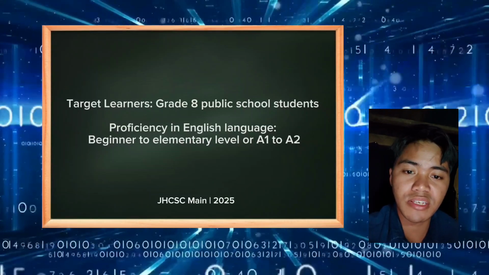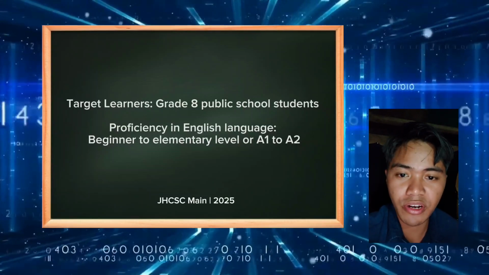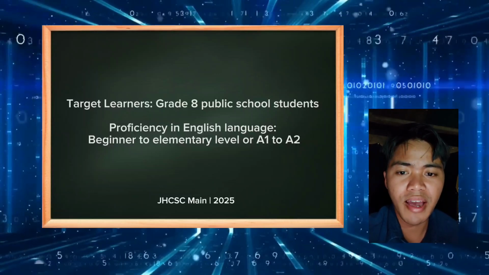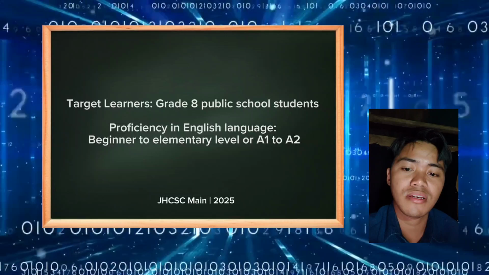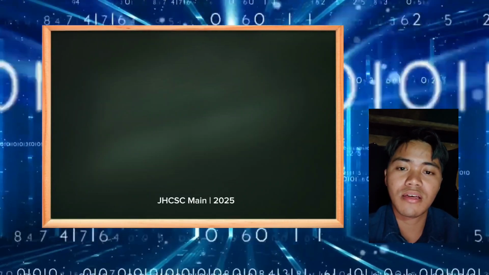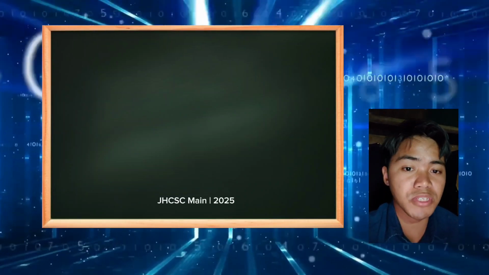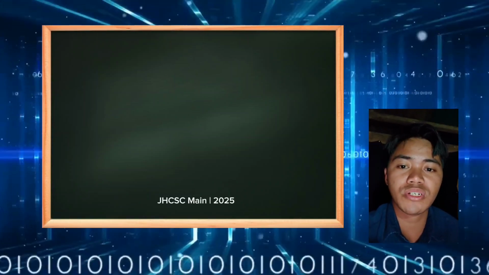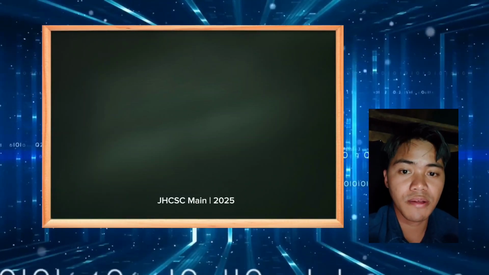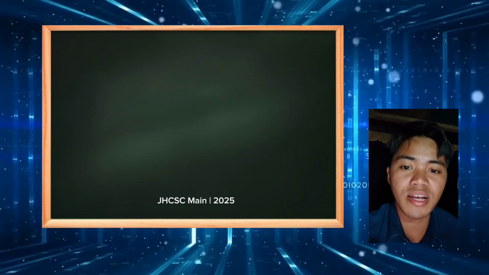They usually have access to smartphones, either their own or shared at home, and they are comfortable using apps and browsing the internet. This unit responds to the specific need to speak English in real-life situations like greetings, talking about routines, or asking for help.